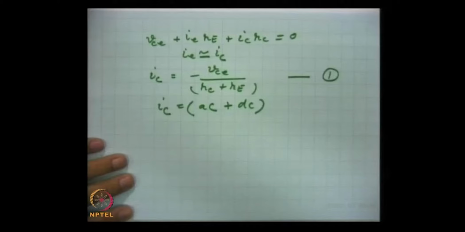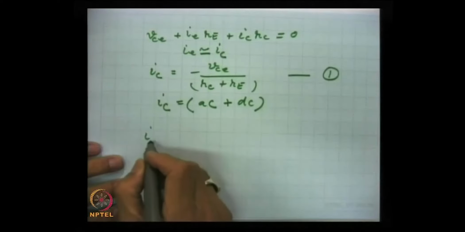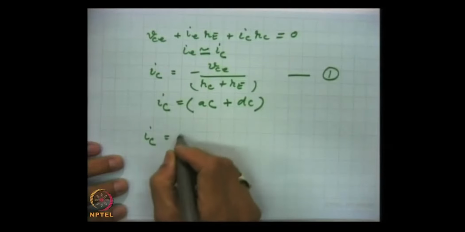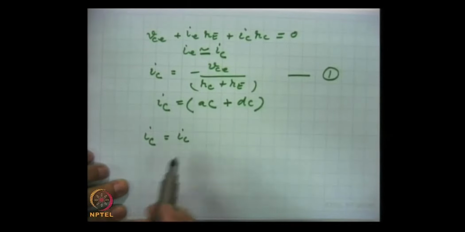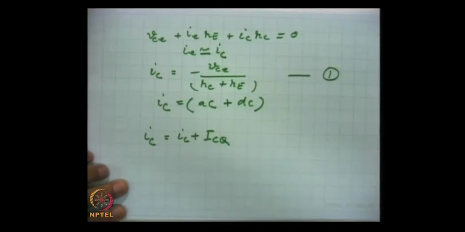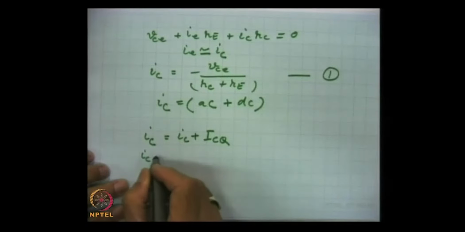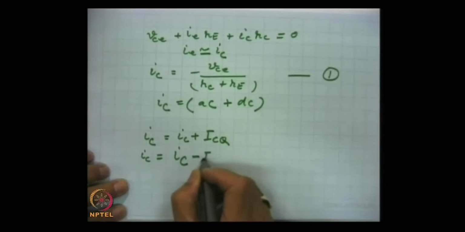Hence we can write for the total current at the output circuit of the amplifier: IC, the total current, equals ic, the AC component of current superimposed over DC, and from here ic is IC minus ICQ.